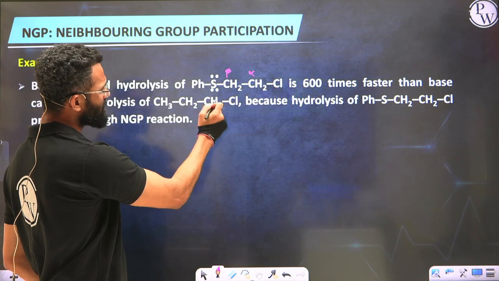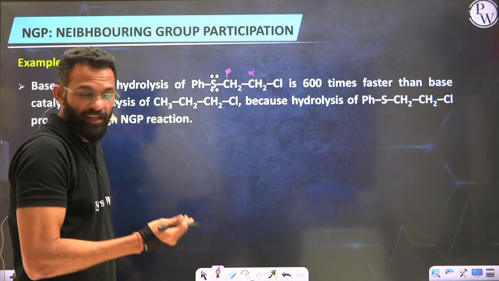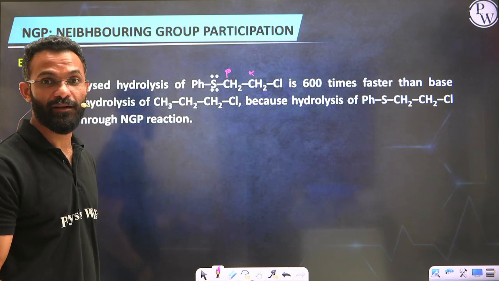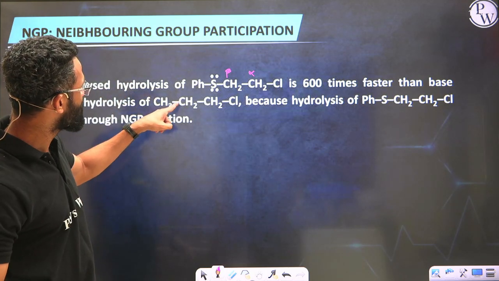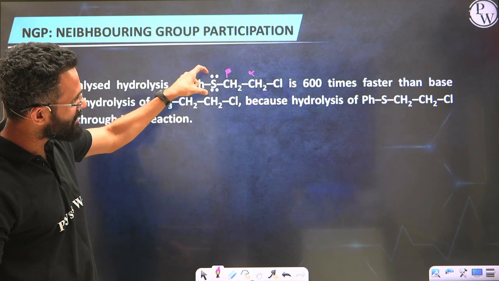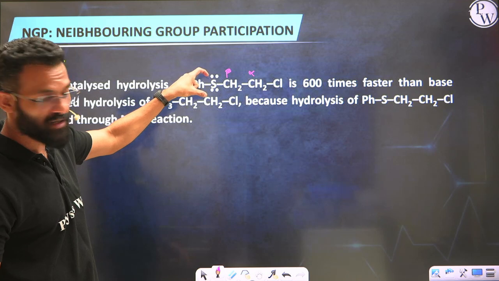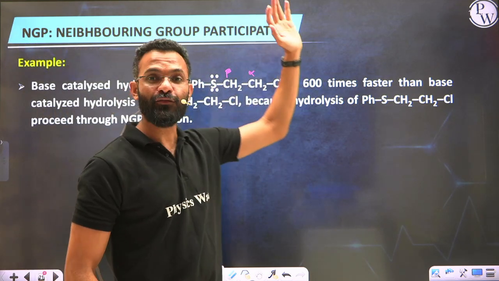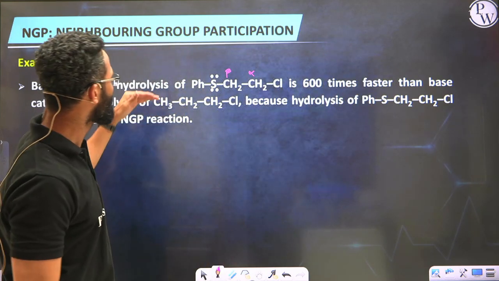So even this is a primary alkyl halide, and we expect such a primary alkyl halide to undergo SN2 reaction anyway faster. But at this beta carbon, if you attach a heteroatom carrying a lone pair, this is the neighboring group we are talking about, then the rate of this reaction is 600 times faster than the normal alkyl halide.